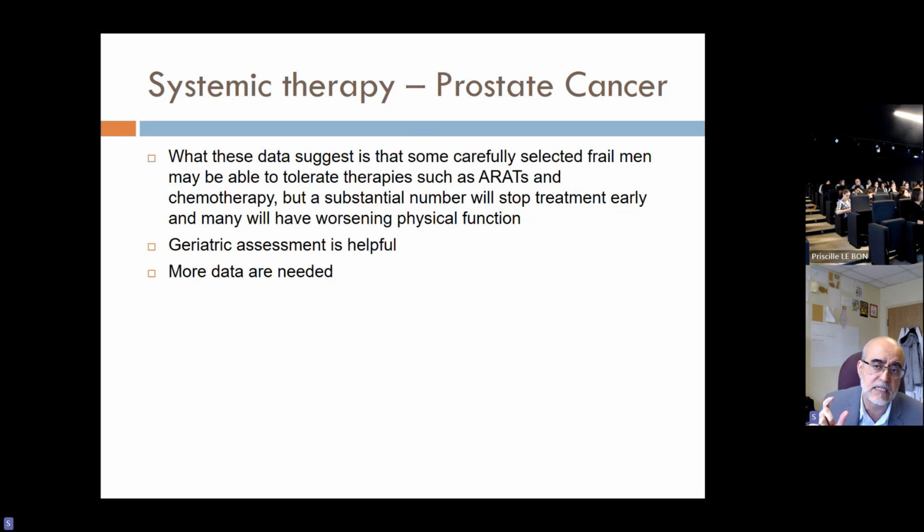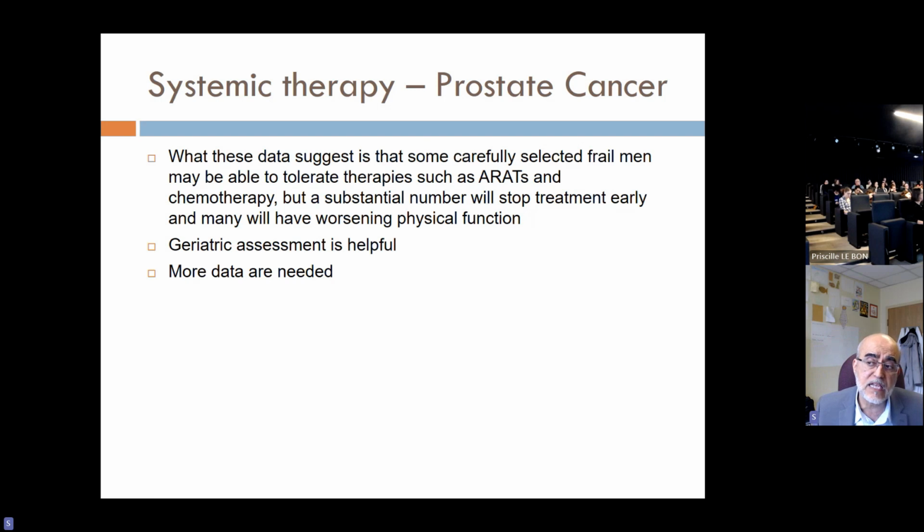But it does suggest that some carefully selected men who have mild frailty, particularly if the frailty may be due to symptomatic, advanced, or high-burden metastatic prostate cancer, they may benefit and tolerate therapies such as ERATs and chemotherapy, but a substantial number of these patients will have to stop treatment early, and many of them will have worsening physical function.